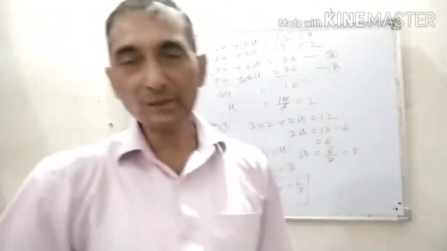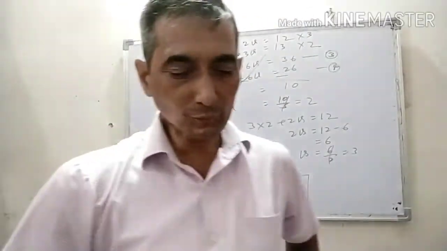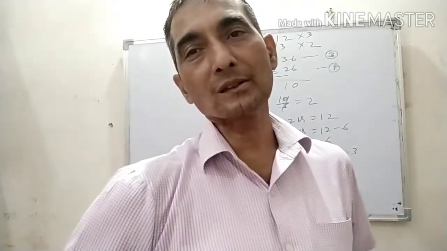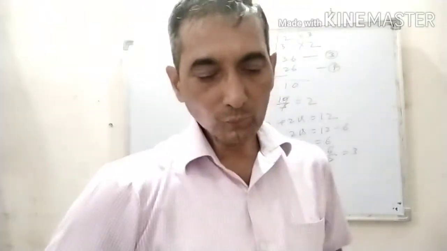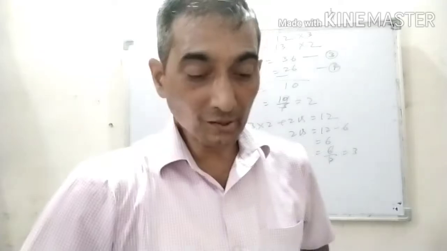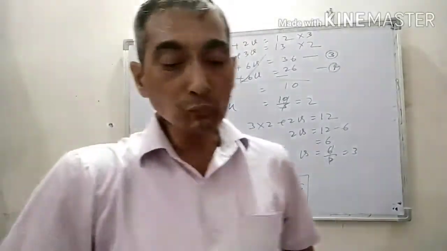Just like the second part of the first question, 2 by root of x plus 3 by root of y. Let us consider 1 upon root of x is equal to u and 1 upon root of y is equal to v. So your equations will be 2u plus 3v equal to 2 and 4u minus 9v equal to minus 1.